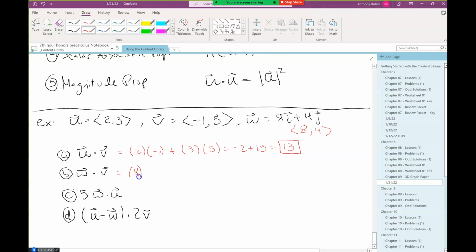So we have w1 times v1 plus w2 times v2. Oh my goodness, not 16, that's an 8. So I get 12.